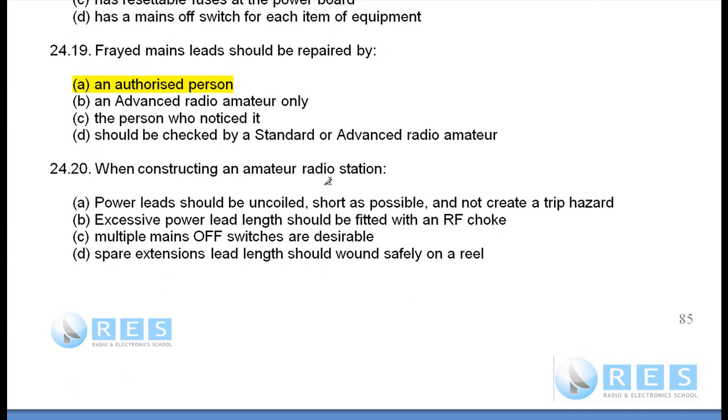When constructing an amateur radio station, power leads should be uncoiled, as short as possible, and not create a trip hazard. The reason why you want power leads uncoiled is because coiled they can produce heat, and I've seen extension leads on heavy current drain actually melt the insulation and the wires short circuit.